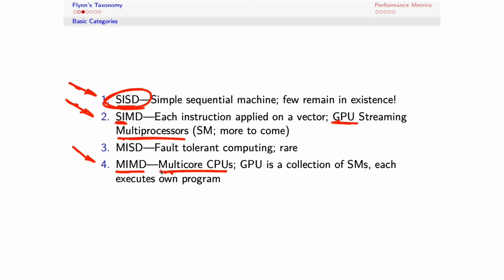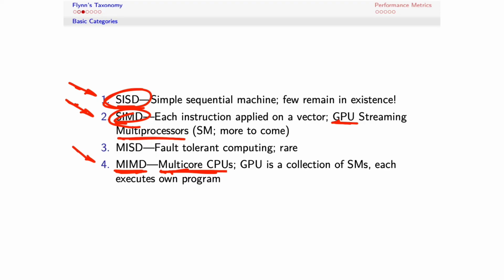So a multi-core CPU can execute programs written using this MIMD model because each of the processors can do its own thing independently of the other processors, as opposed to SIMD, where every processor has to do the same thing at the same time.